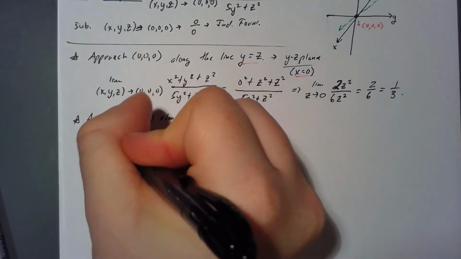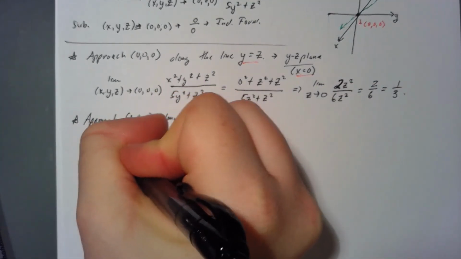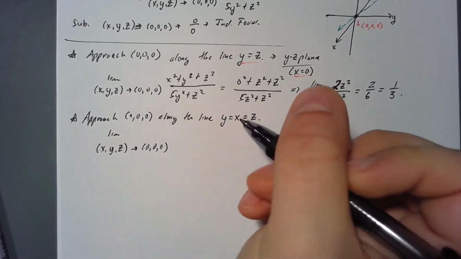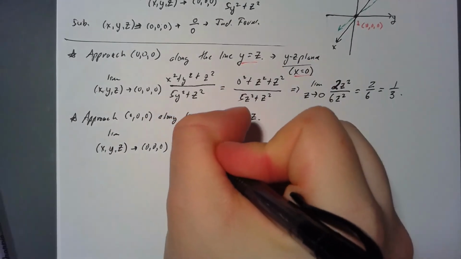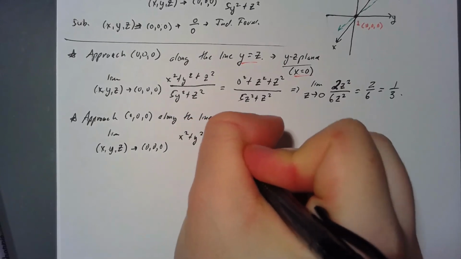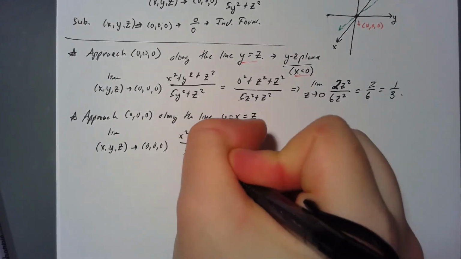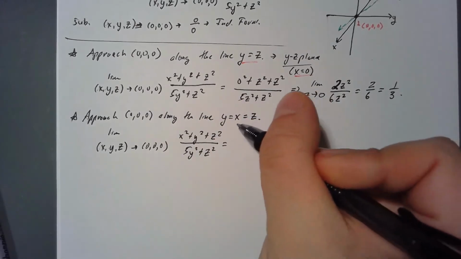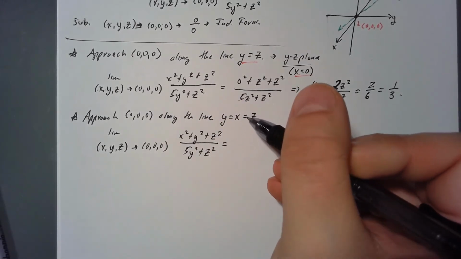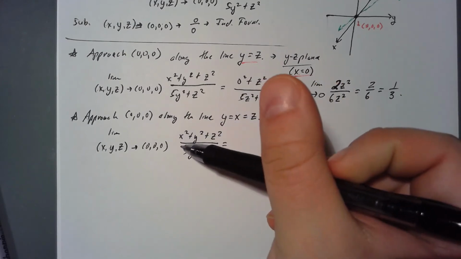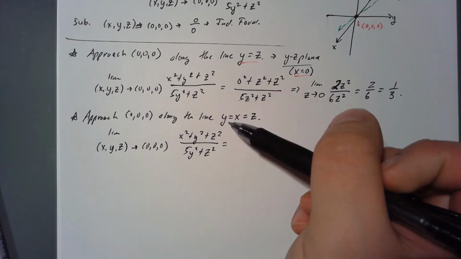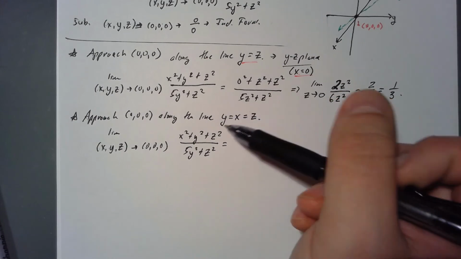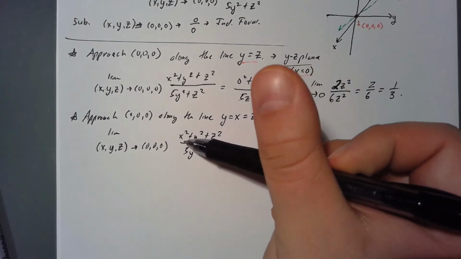So if I try that, they're all equal to each other. So it doesn't matter. X squared could equal y squared, it could equal z squared, but I'm just going to keep x as x.